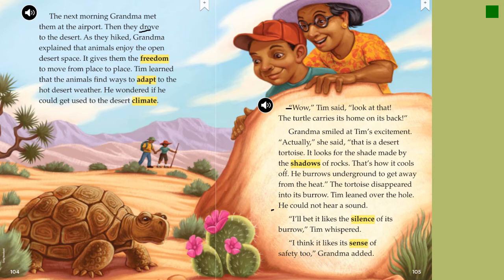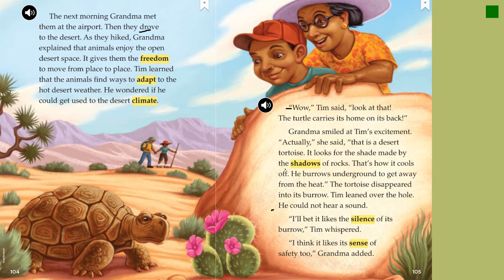The tortoise disappeared into its burrow. Tim leaned over the hole. Leaned means he moved into a sloping position or got closer to the hole. He could not hear a sound. I'll bet it likes the silence of its burrow, Tim whispered.